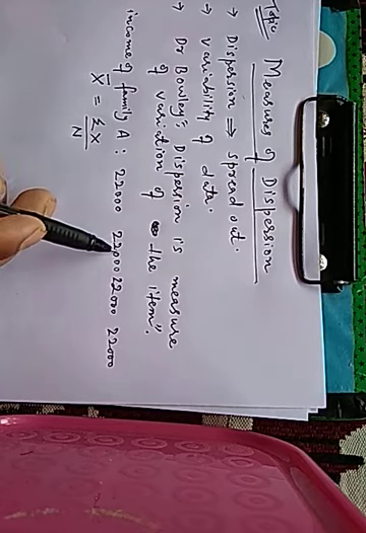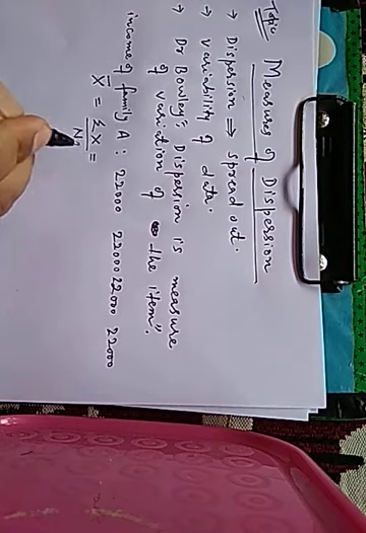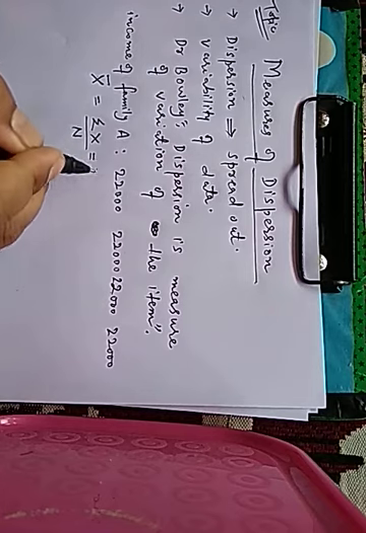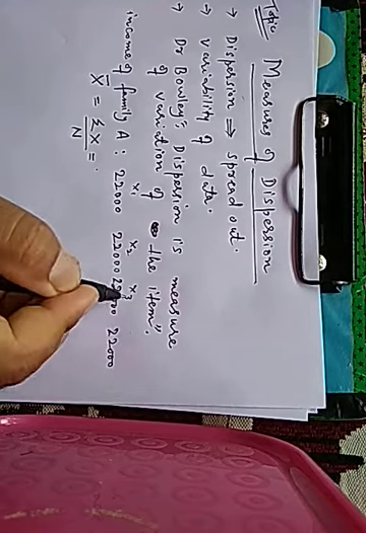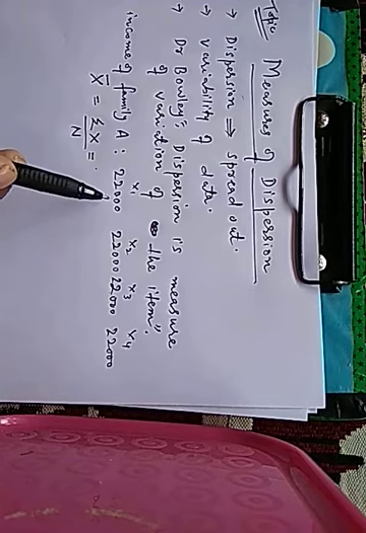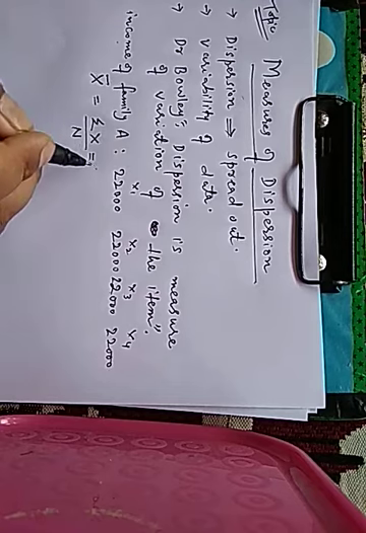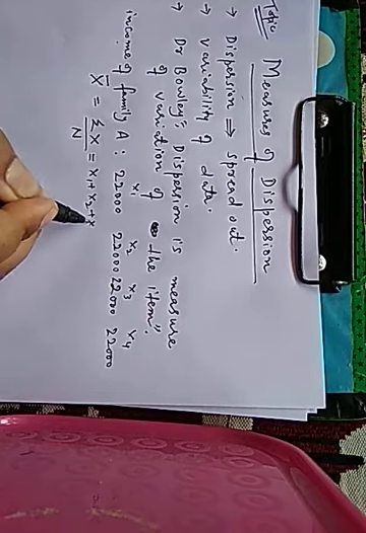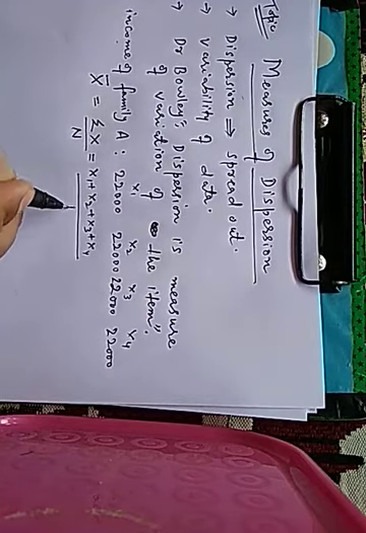This is x1, x2, x3 and x4, the different values of the variable. The variable is income of a family A. It will be equal to x1 plus x2 plus x3 plus x4 divided by n.